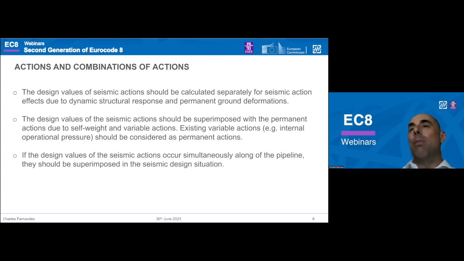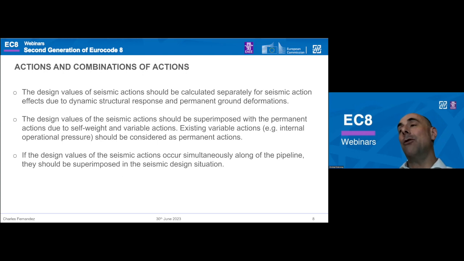So how can we combine the actions? From the practical point of view, we have to distinguish between non-pressurized and pressurized pipelines. If we have pressurized pipelines, we have to take into account the internal pressure, and we have to add this load case simultaneously along the pipeline, and it should be superimposed with the seismic design situation.